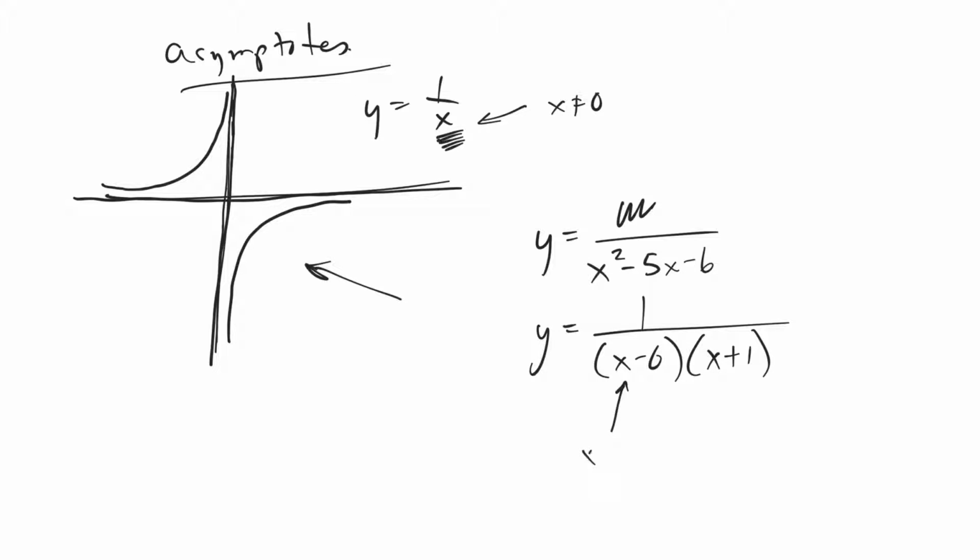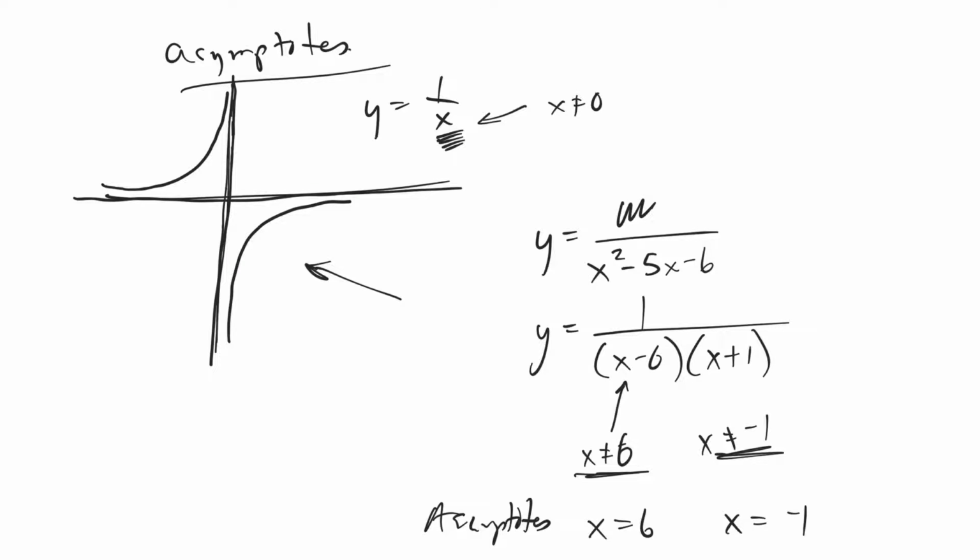So in this case, you can't have x as being a positive 6, nor can x be a negative 1. Okay, so if you're looking for the domain, it can be anything, just don't make it 6 or negative 1. But if you want to know what the asymptotes are, the lines that this graph won't cross through, will be x is equal to 6 and x is equal to minus 1.